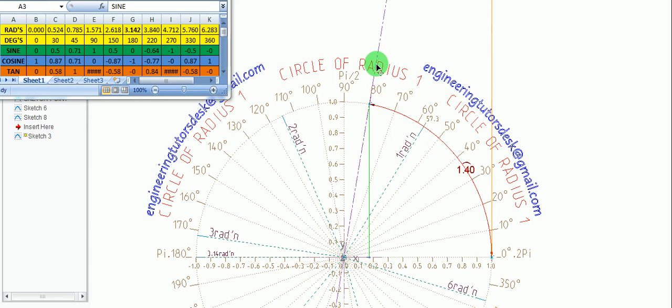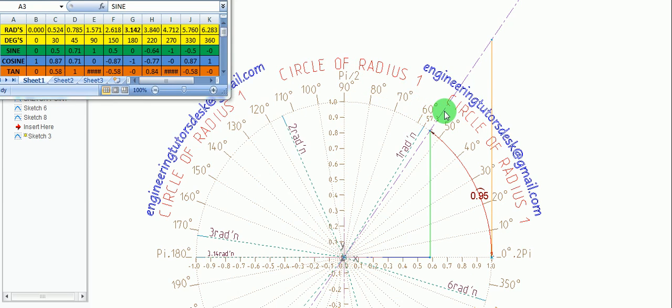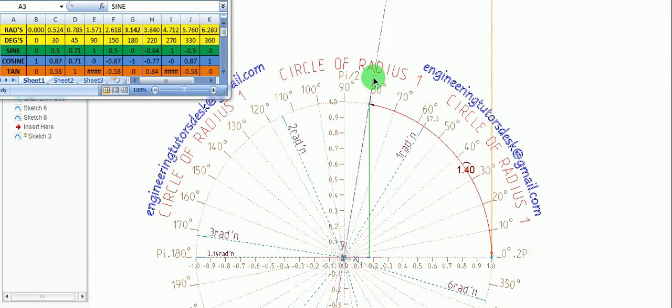And when we are close to 90 degrees, the angle subtending line and the tangent line become parallel and they will never intersect. That's the reason why, in this case, the tan has reached a maximum height which we cannot determine.